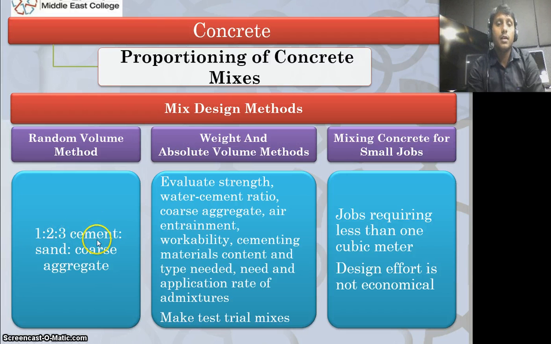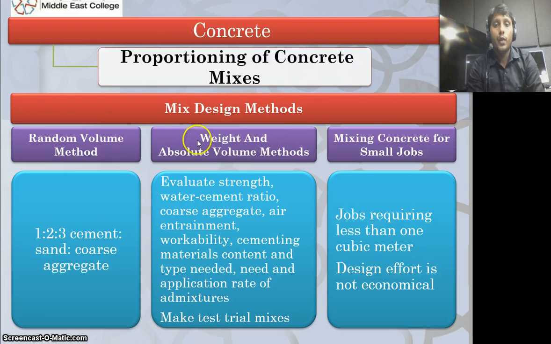This explains that 1 volume of cement is to 2 volumes of sand, fine aggregate, and 3 volumes of coarse aggregate. This is how we pronounce the mix proportion. If I say 1:2:3, you must understand that it is 1 volume of cement, 2 volumes of sand, and 3 volumes of coarse aggregate.